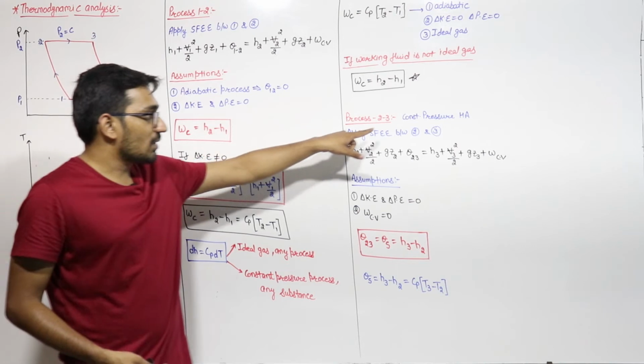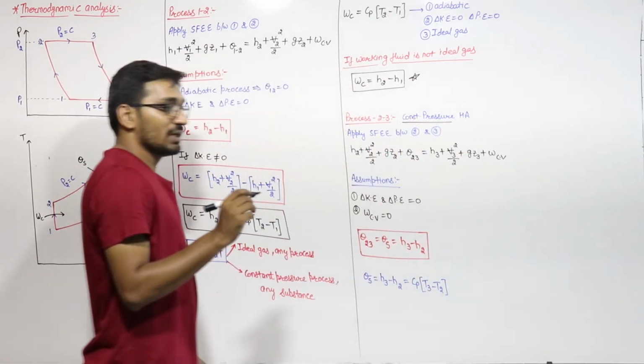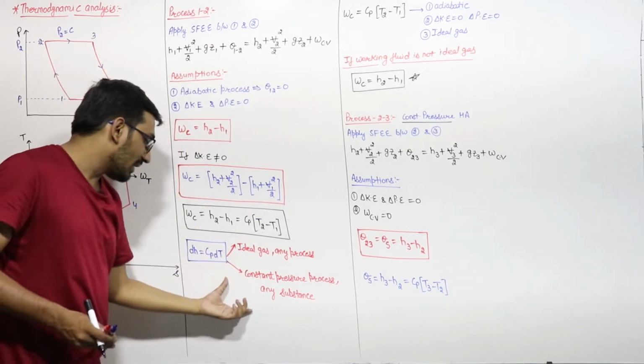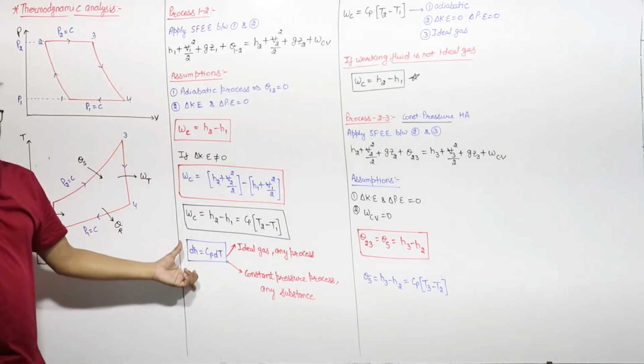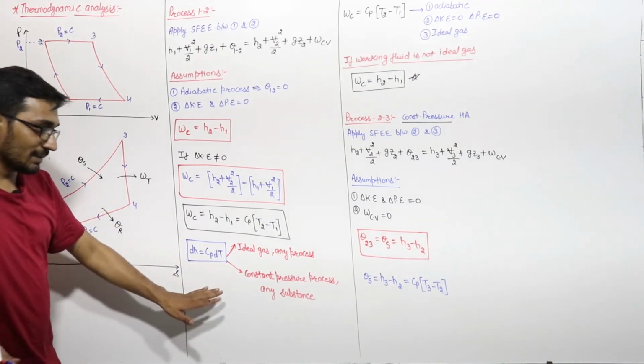This process is a constant pressure process. So for any substance, whether in this cycle we have ideal gas or real gas or anything, you can always write dH is equal to Cp dt.